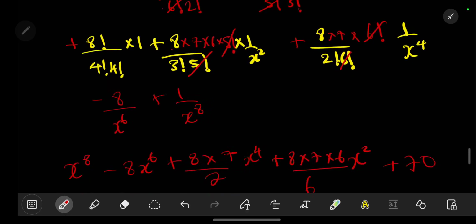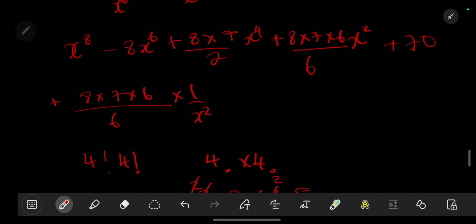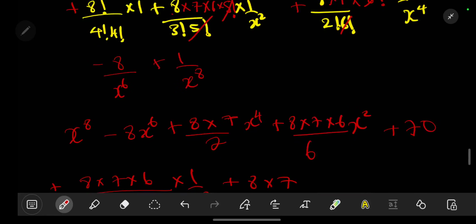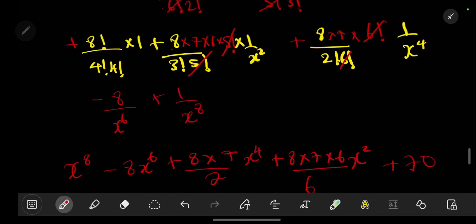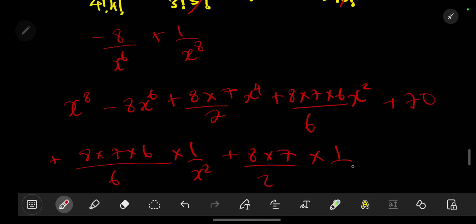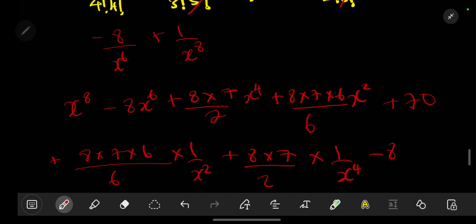Then 8 times 7 over 2 factorial, which is 2, times our 1 over x to the power of 4. Then we have minus 8 over x to the power 6 plus 1 over x to the power 8.